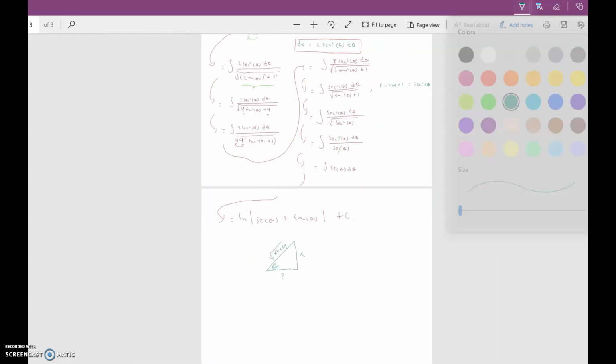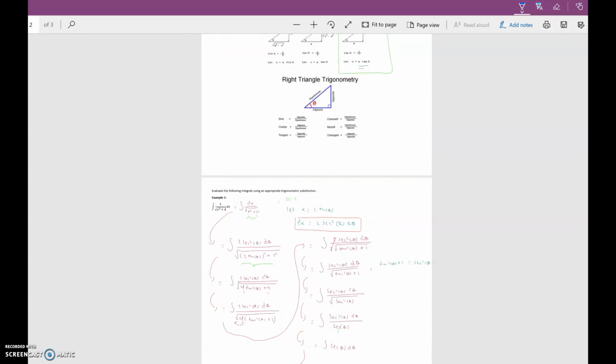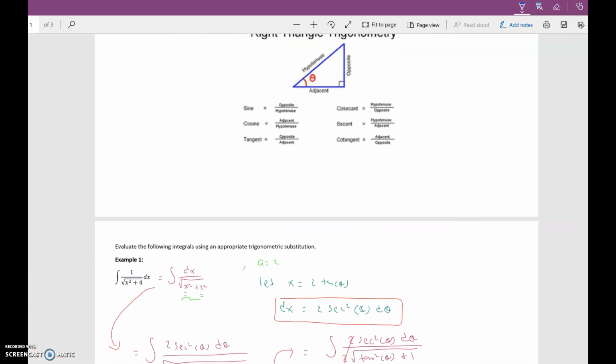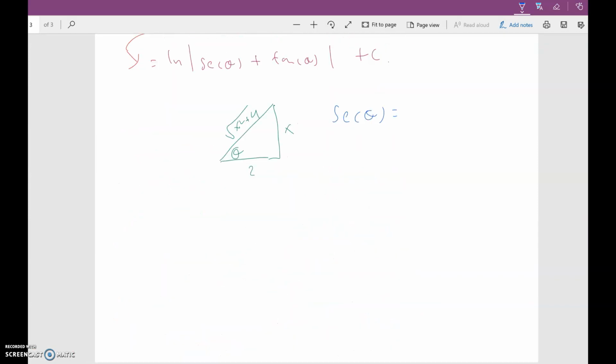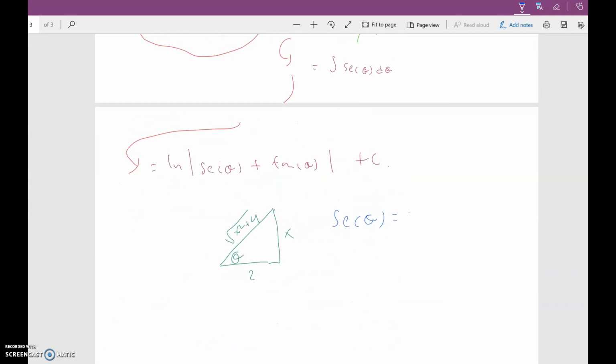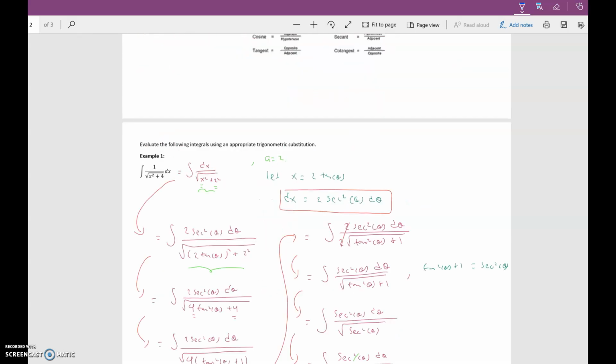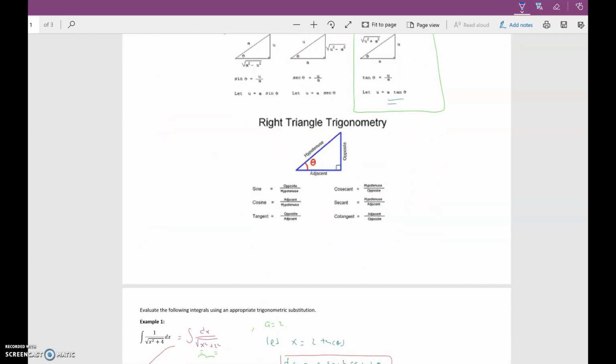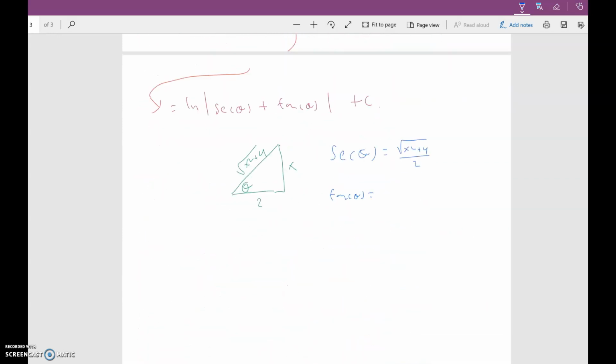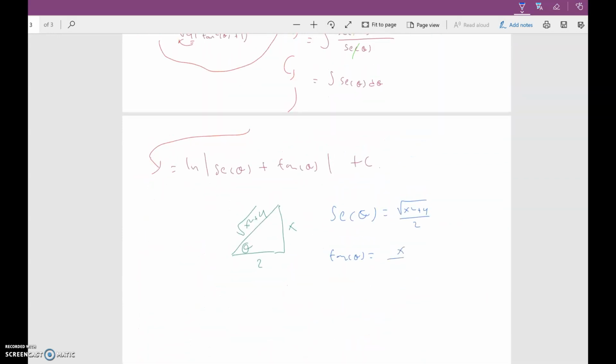Okay, the next portion is to use the identities. So let me write them in this case, and you're looking at secant of theta is equal to, well, your secant is your hypotenuse over your adjacent. So in this case, your hypotenuse is going to be the square root of x squared plus 4. Your adjacent is the 2. The tangent of theta, we have it as the opposite over the adjacent. So the opposite is going to be the x over the adjacent is the 2.